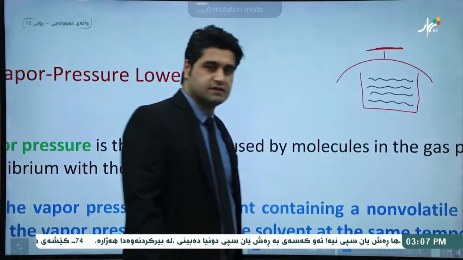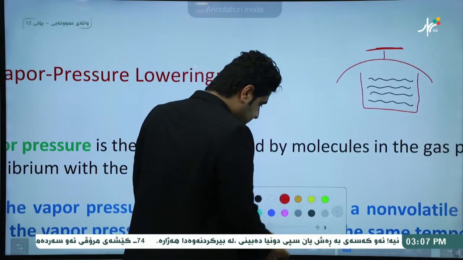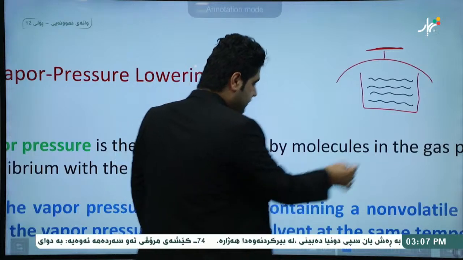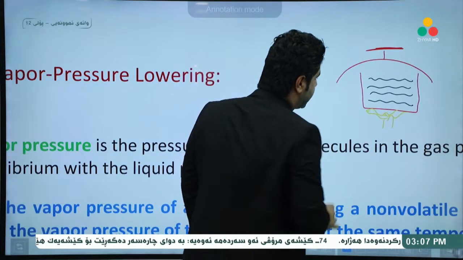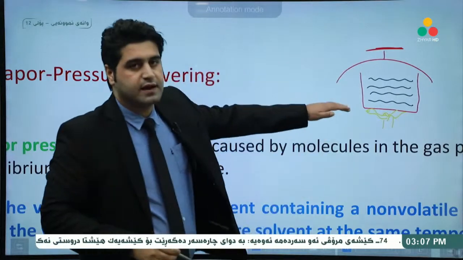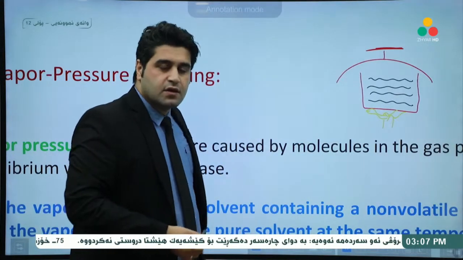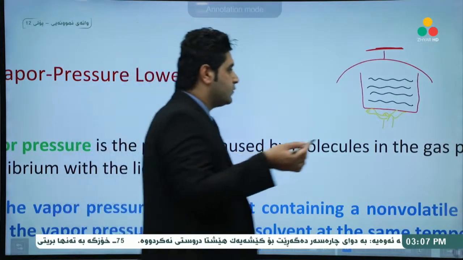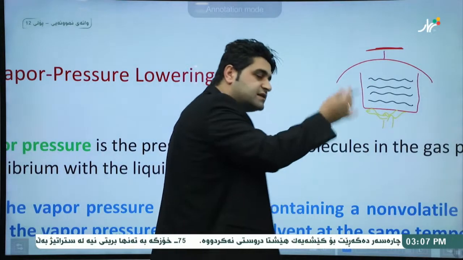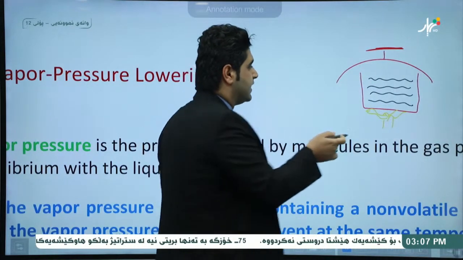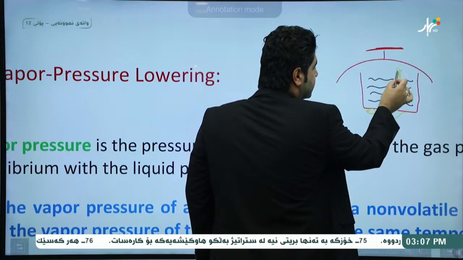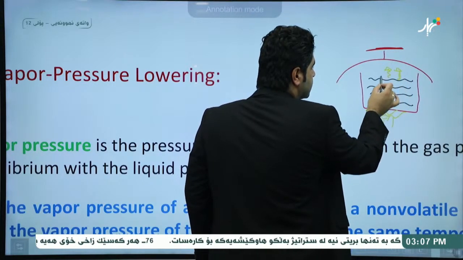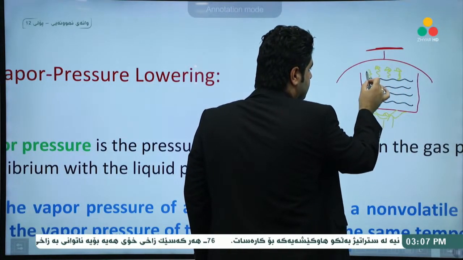The cap is closed, and now let's heat it up. We put some fire at the bottom of the beaker. What will be your observation? We can see that the temperature starts to rise, and then the molecules of the solvent begin to vaporize.